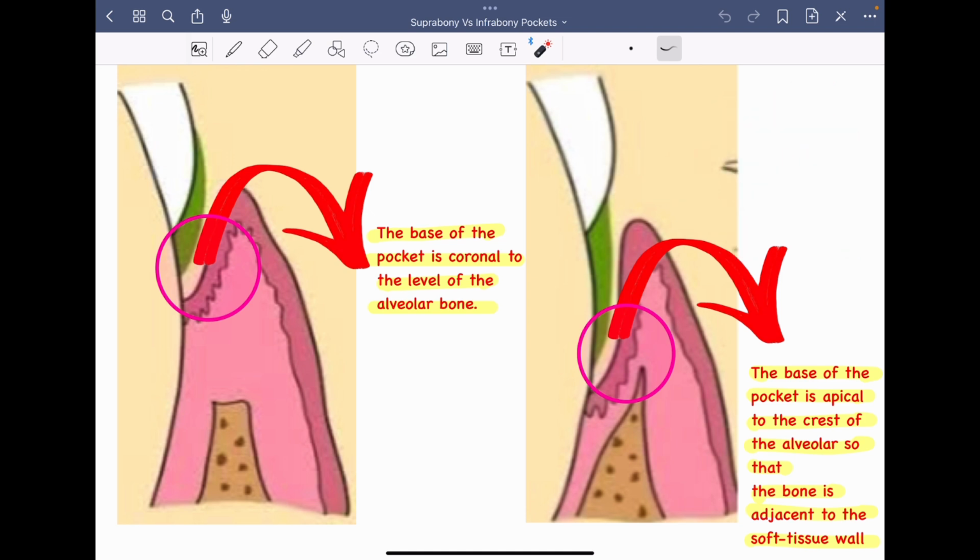Here we can see the base of the pocket is way apical to the crest of alveolar bone. So here you can see the difference. Here it is way apical to the crest of alveolar bone, and the bone is adjacent to the soft tissue wall. So this is the soft tissue wall here. The bone is adjacent to the soft tissue wall in case of intrabony pockets.